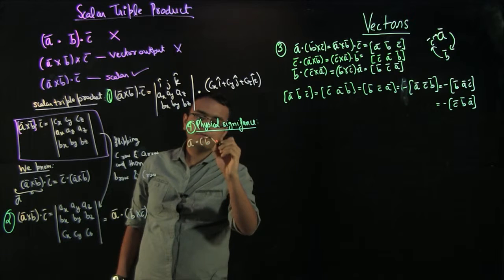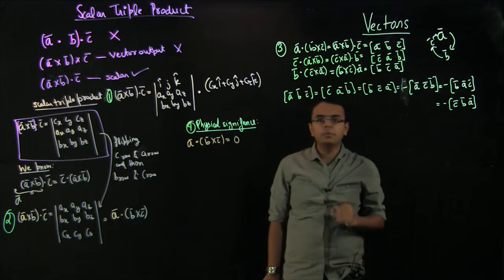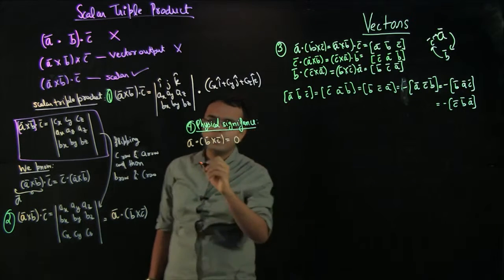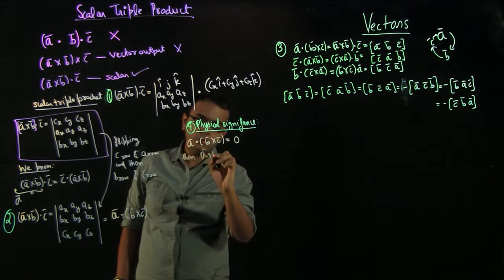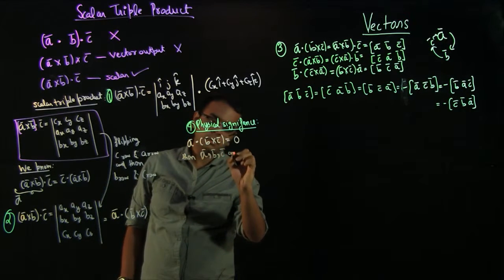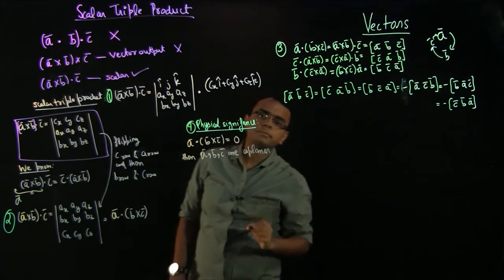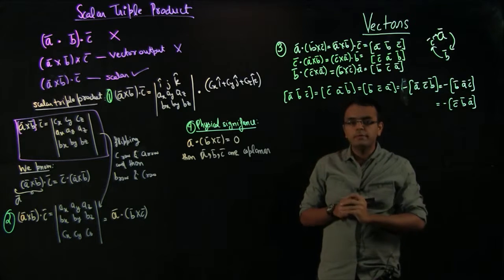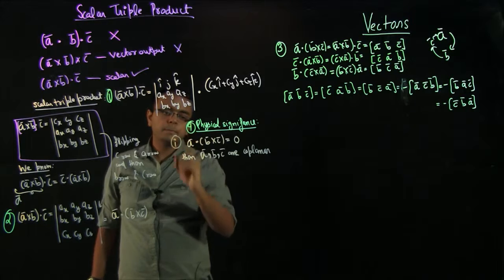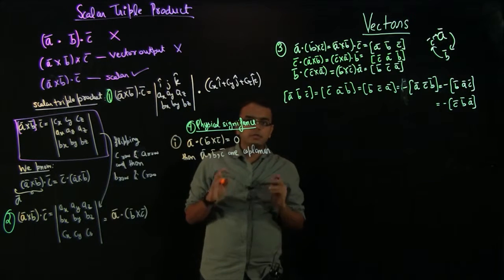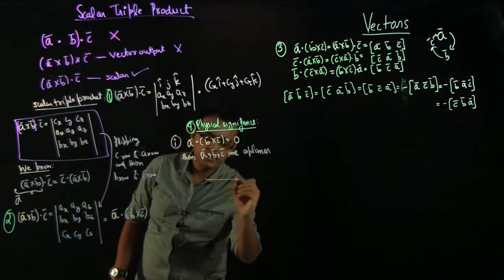What we have to realize is that this condition A dot B cross C, if this is 0, then A, B, C are coplanar. And I want to prove, so I have written it, so this is the first part of the significance, and I want to stress on this quite a lot, because this is something which you will use again a lot in questions. So what does this mean?